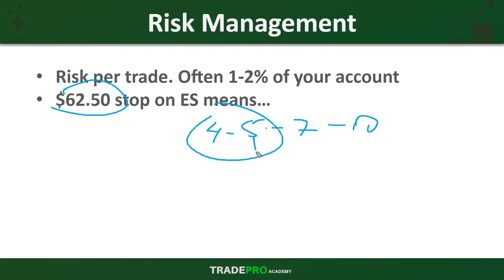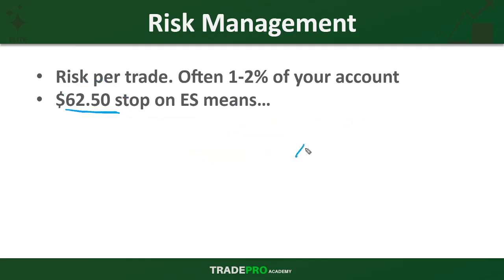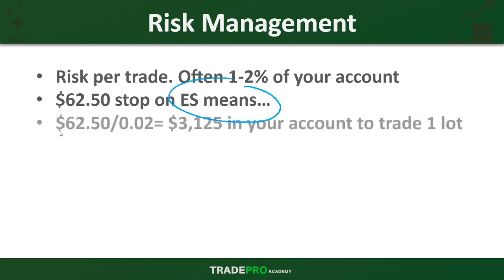But based on the 5 tick stop that I'm showing you guys here, $12.50 a tick on the ES, that means that if I'm risking that much per trade and I'm risking 2% of my account balance, my account should be at $3,125 to trade a one lot. That does sound like a little more than anticipated, but if that's the risk management plan that I'm willing to go by, risking just 2% of my account per trade, that's the amount of money that I should need in my account to actually trade a one lot.